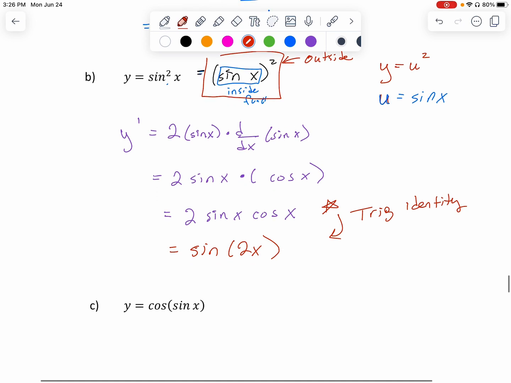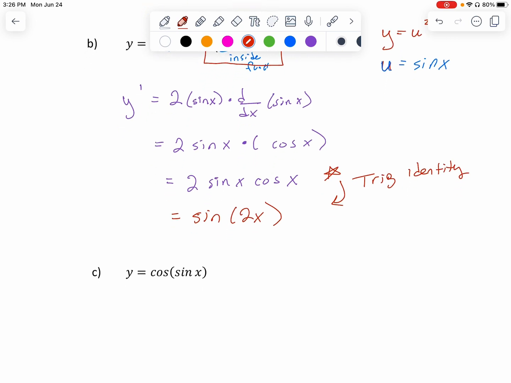In part C, we have the trig function of a trig function. So the angle, remember, whenever I have this, this is actually the angle. So the angle that we're plugging into cosine is actually another trig function. So we have a chain rule with a trig function as the input. So our outside function is going to be cosine, and our inside function is the sine.